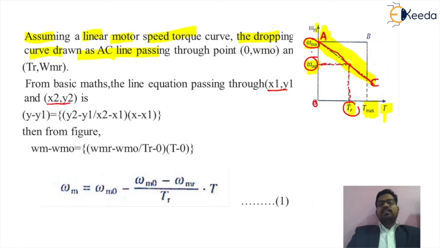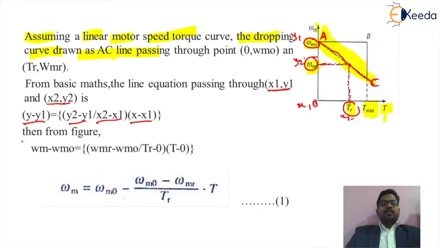Suppose we consider this point as x1, y1, and this will be x2, y2. So we get the line equation: y minus y1 is equal to, in brackets, y2 minus y1 divided by x2 minus x1, into x minus x1.